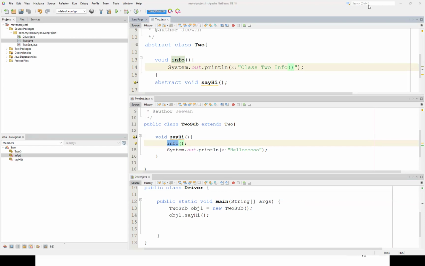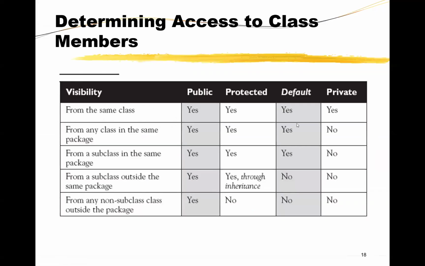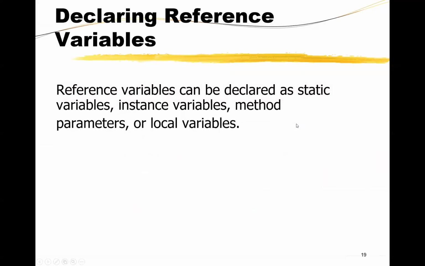Right. So now we have discussed the access modifiers. And we know that reference variables can be declared, that means static variables, instance variables, methods, parameters.